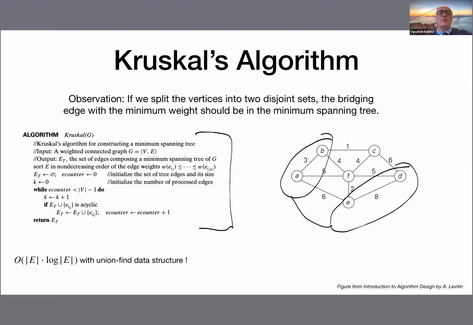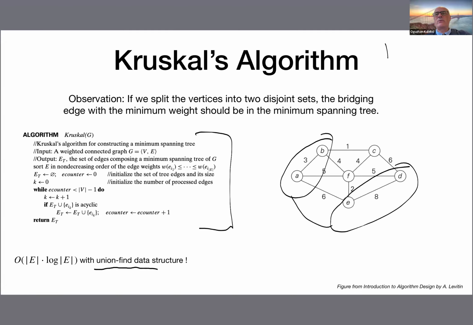Once you make this union, you should verify whether your next minimum edge is between this union of vertices and the remaining guys. That verification is not easy, and it requires a union-find data structure. I will be covering this in more detail later.